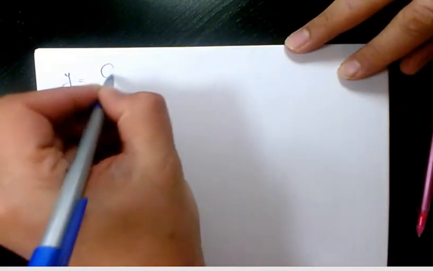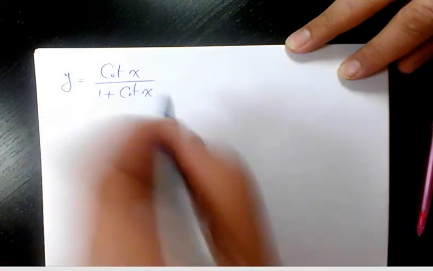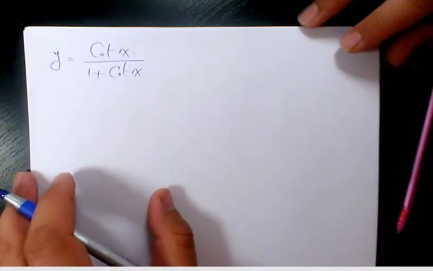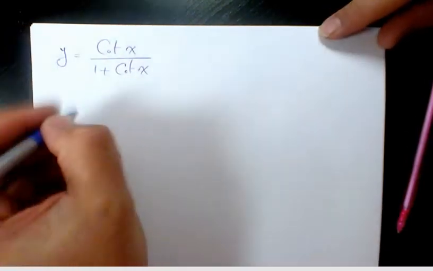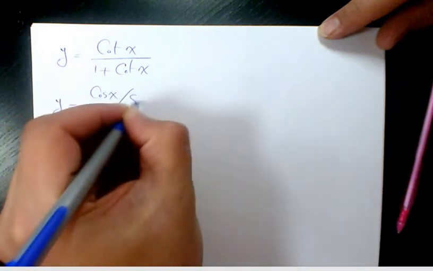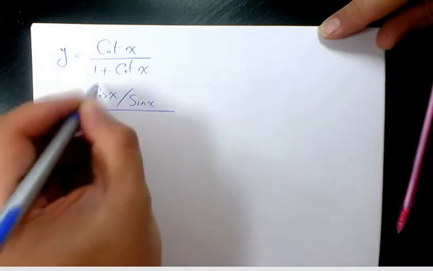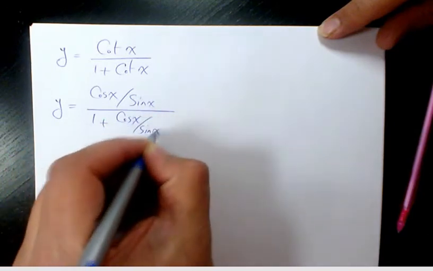It says cotan x over 1 plus cotan x. Now let's use trigonometric identities and see if we can make it simpler. Cotan is cosine x over sine x, over 1 plus cosine x over sine x.